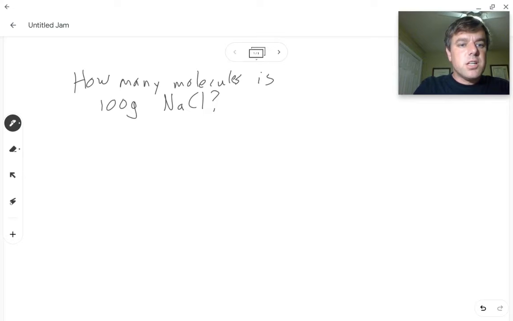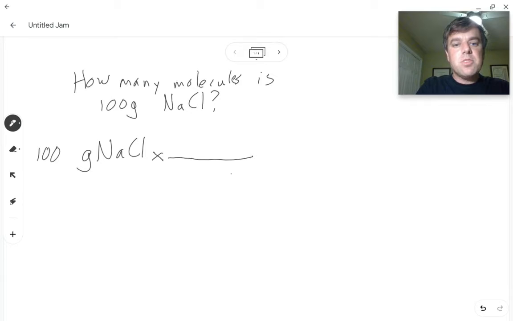We're starting with grams of sodium chloride, and we have 100 of them. Our first step is to convert those grams into moles of sodium chloride. Sodium chloride is not an element by itself on the periodic table, so we need to figure out its molar mass.